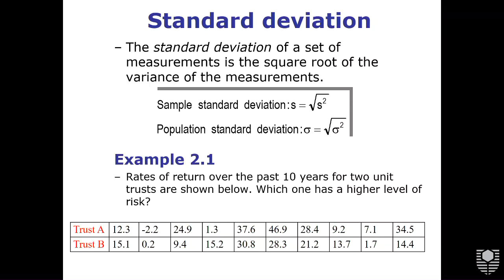You will see the returns of these two firms, or two types of investment firms, or any type of companies. They report 10 years of return, a rate of return for 10 years, from 1 to 10.